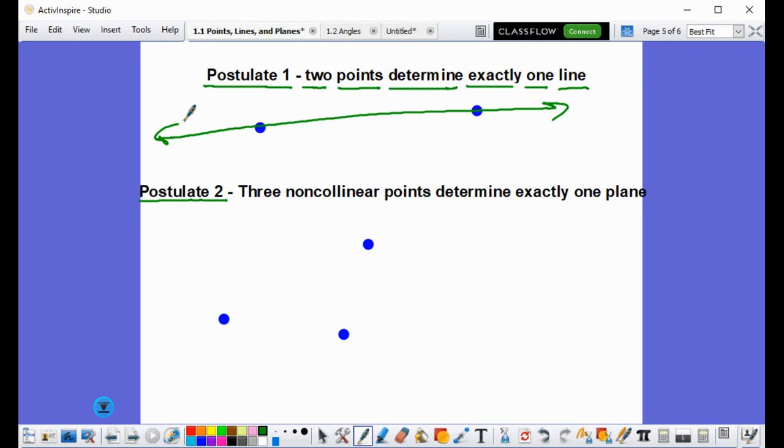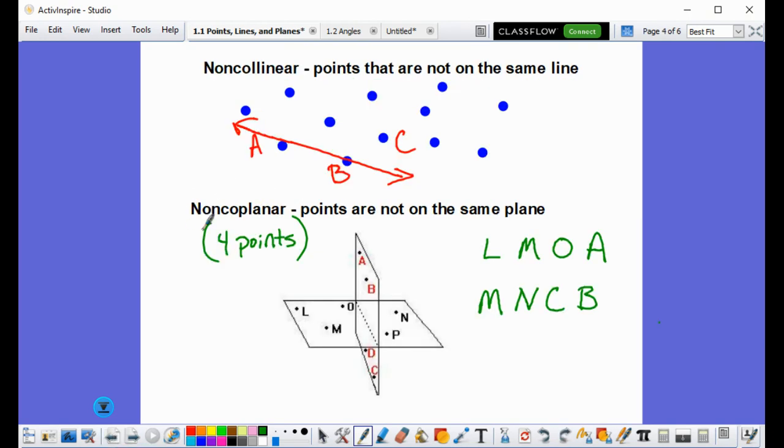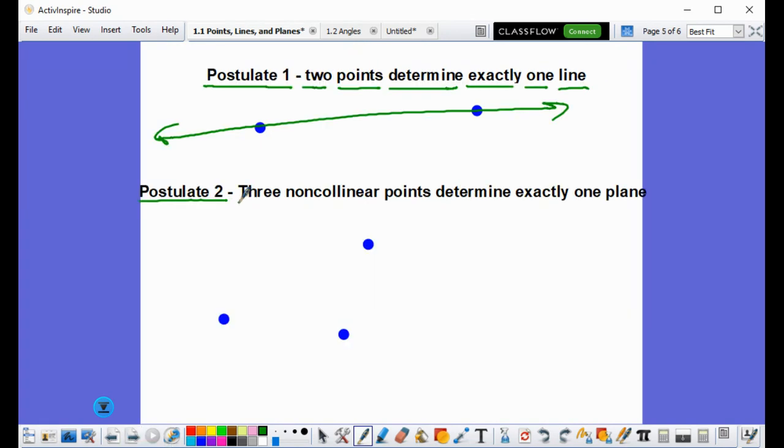It's exactly one. And in the same idea, and this is where hopefully, if you didn't understand this non-coplanar section, which is very normal, this helps a little bit more. You have to have 4 points to be not in the same plane, because if you have 3 non-collinear points, so 3 points that are not in the same line, which I have right here, let's label these A, B, and C, then they determine exactly one plane.